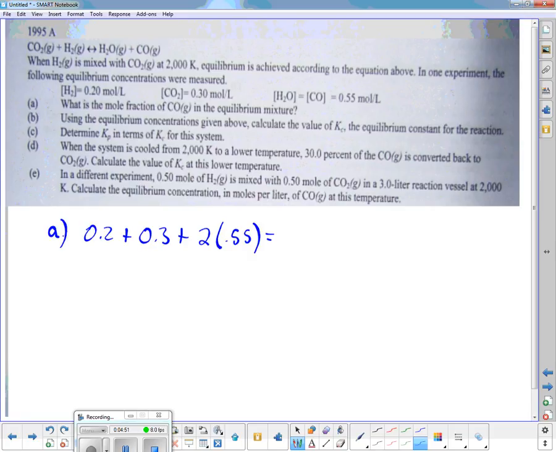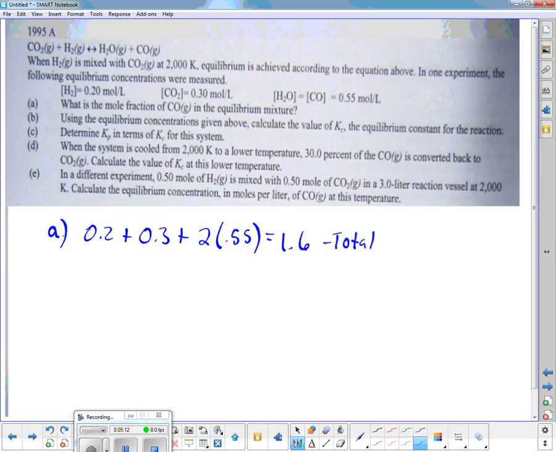We okay? And I'm going to assume 1 liter. So I add this up, what do we get total? Okay, 1.6. That's the total.